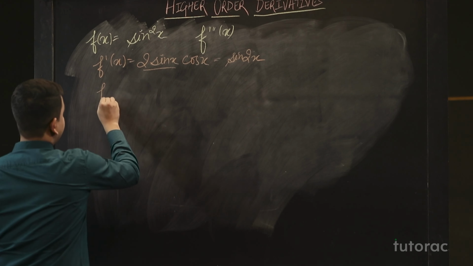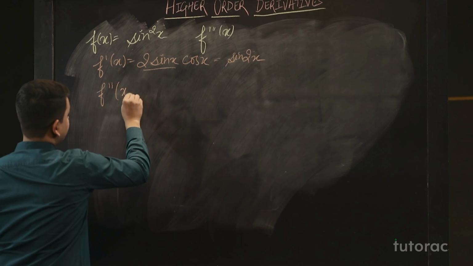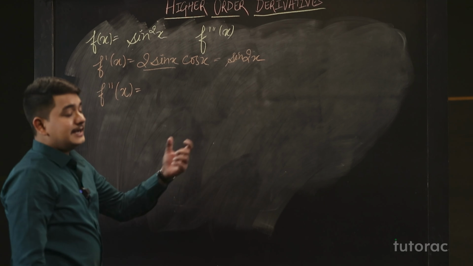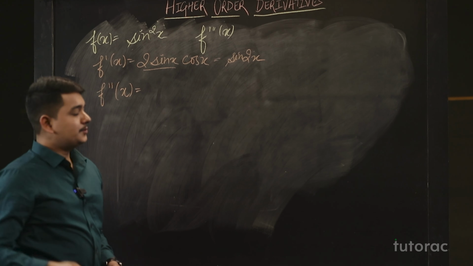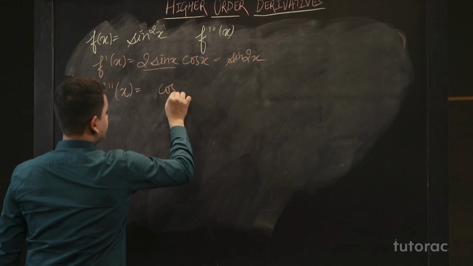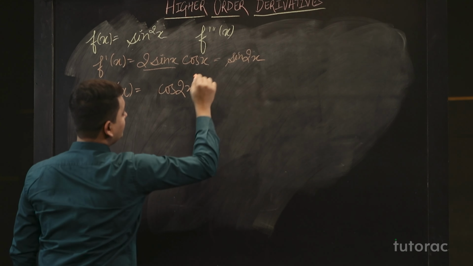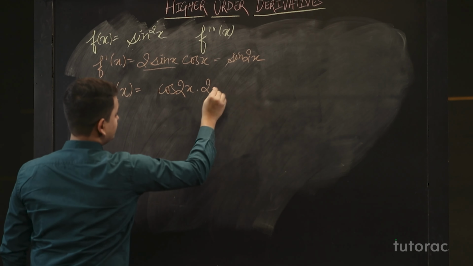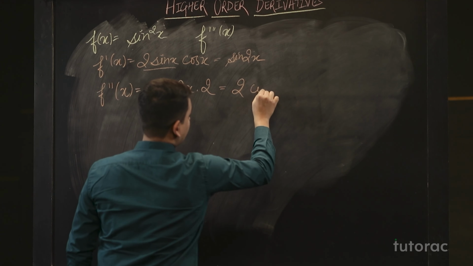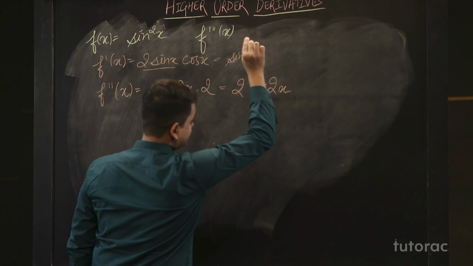Now if I differentiate it again, then I'll get f''(x) = the derivative of sin 2x, which will be cos 2x, and for 2x the derivative will be 2. So I'll get 2 cos 2x.